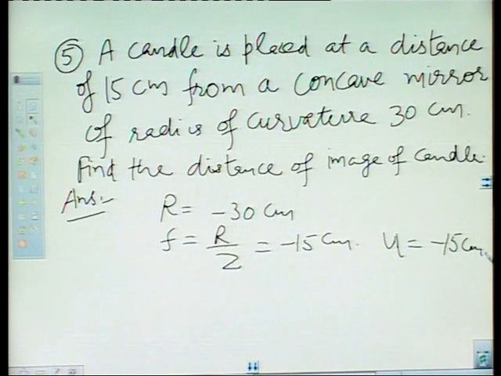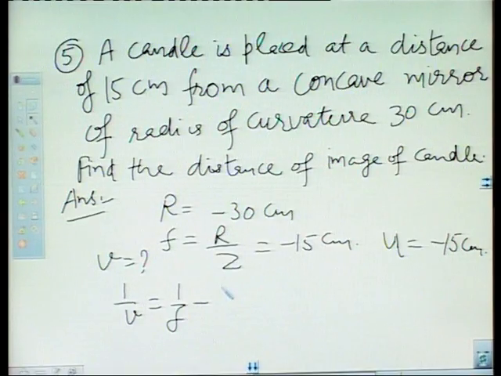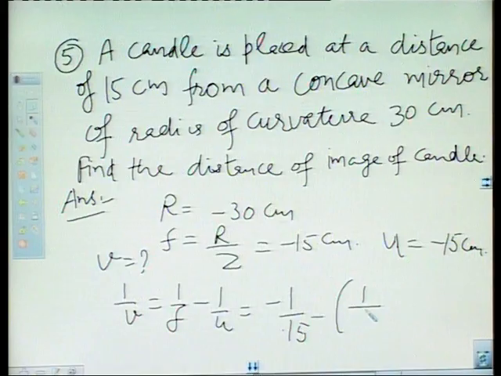Now we have to find the distance of image formed v. 1 upon v is equal to 1 upon f minus 1 upon u, which is given by minus 1 upon 15 minus 1 upon 15.